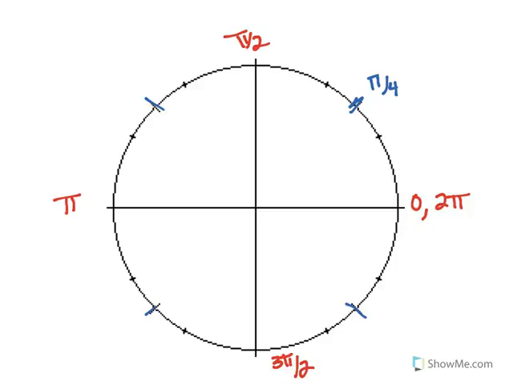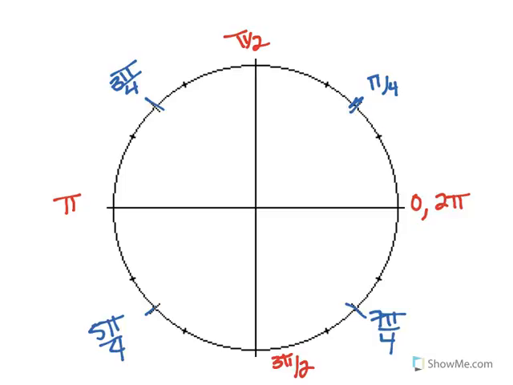So that's 2 pi over 4, so this will be 3 pi over 4. This is 4 pi over 4, because the 4's will cancel out. So we've got 5 pi over 4 here. 3 pi over 2 is 6 pi over 4. We got 7 pi over 4, and then 2 pi is 8 pi over 4.